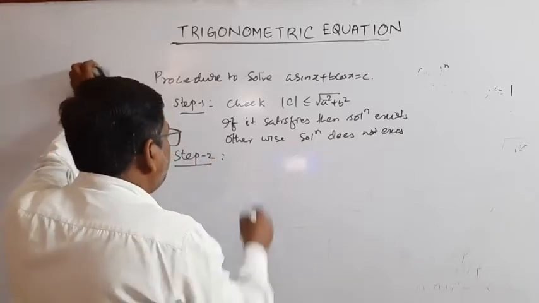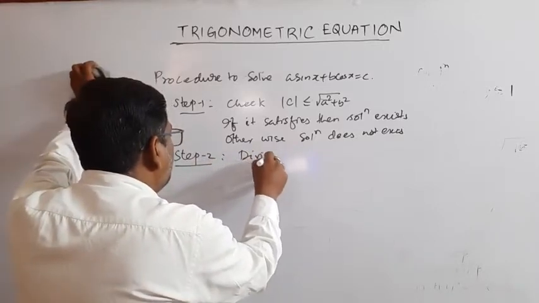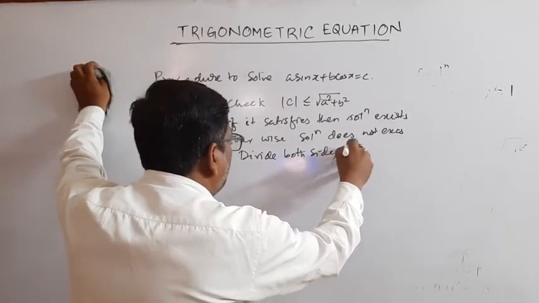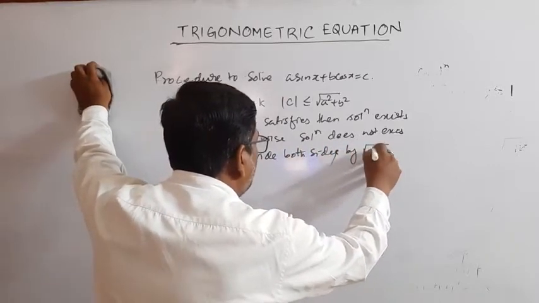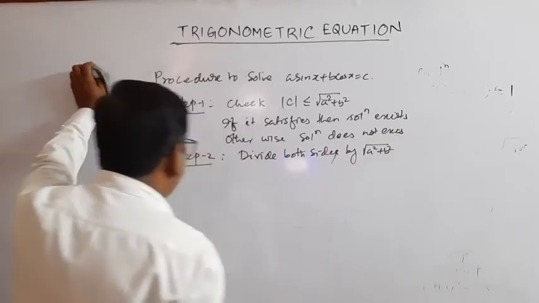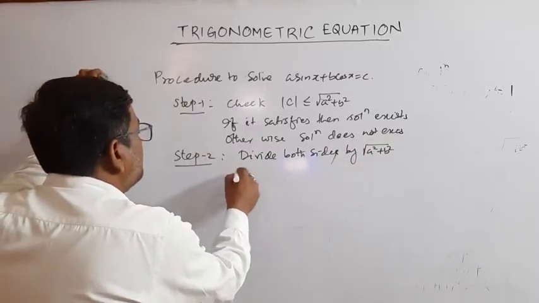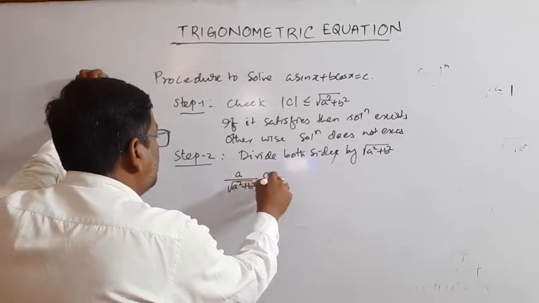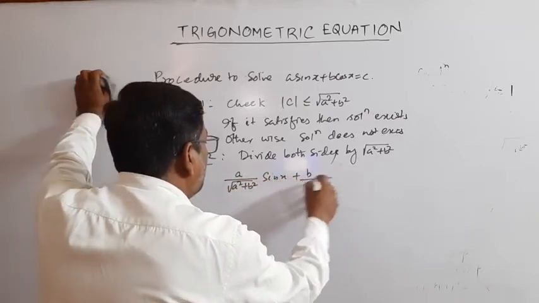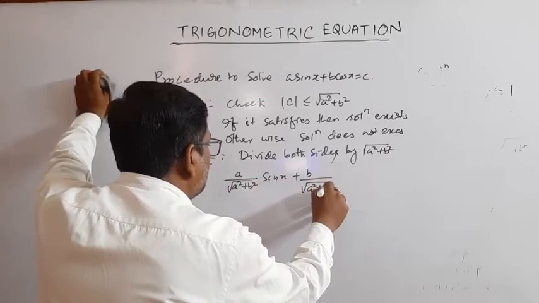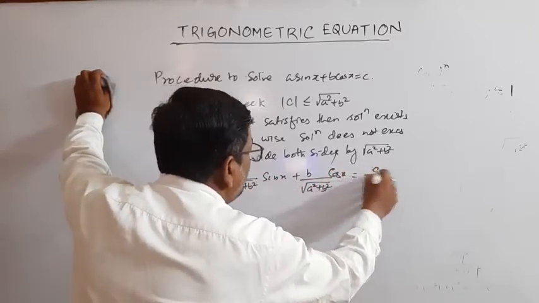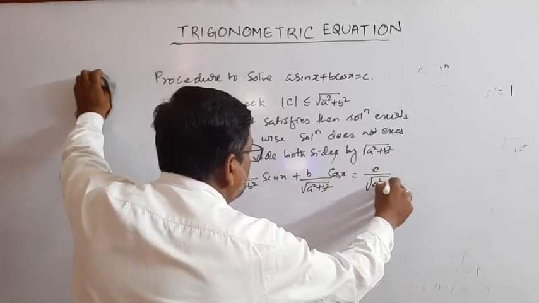Divide both sides by root over a square plus b square. That is a by root over a square plus b square into sin x plus b by root over a square plus b square into cos x is equal to c by root over a square plus b square.